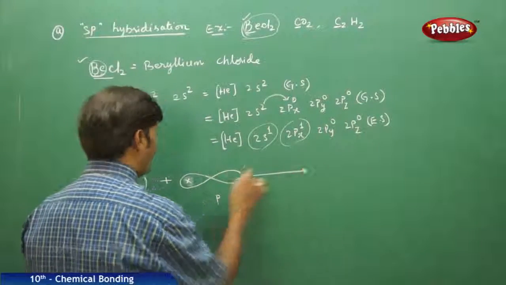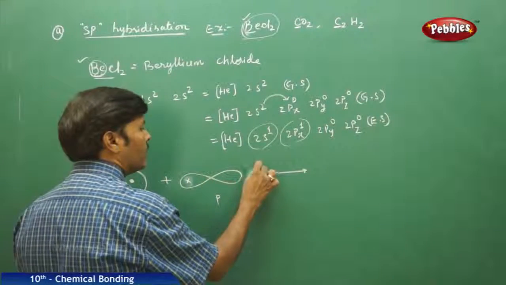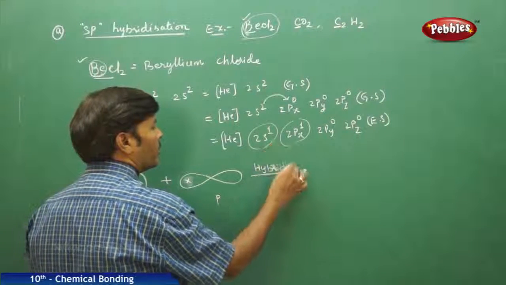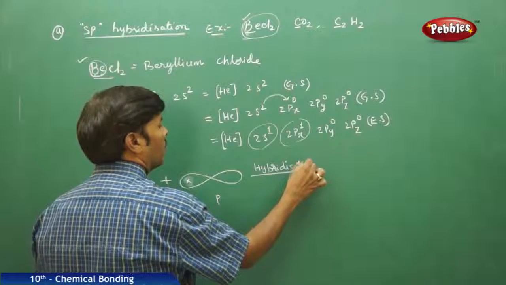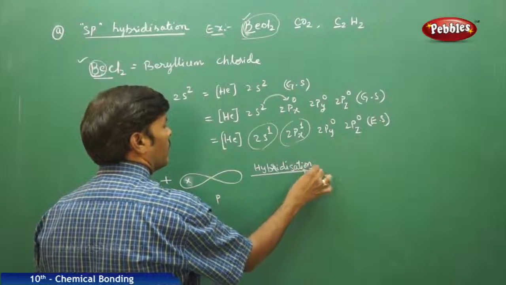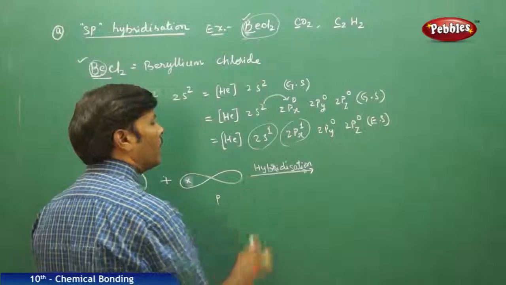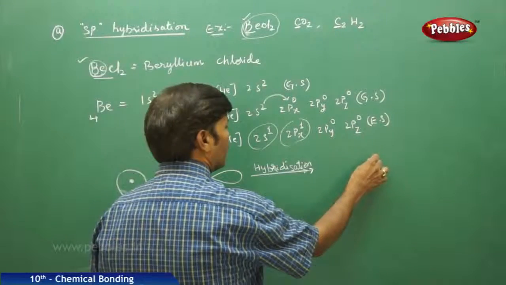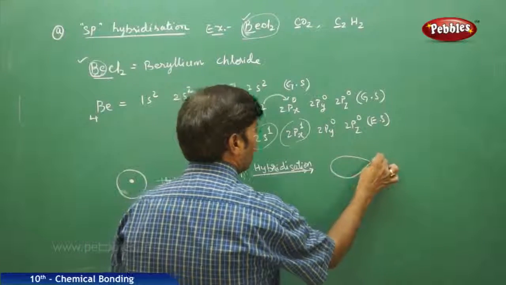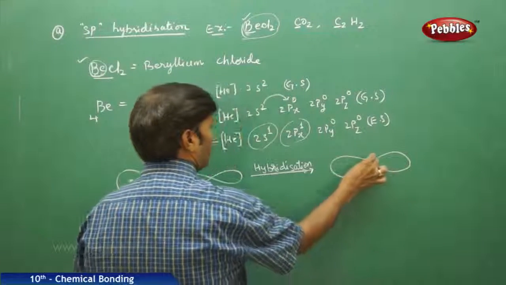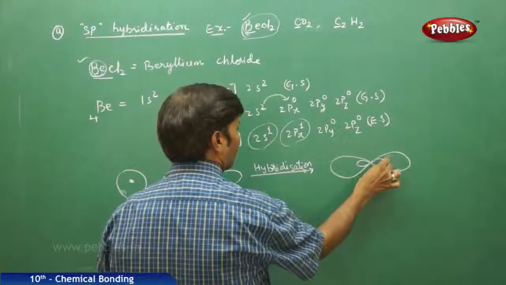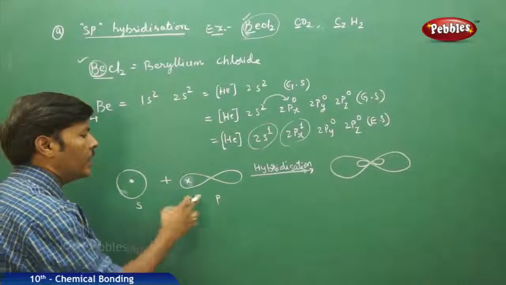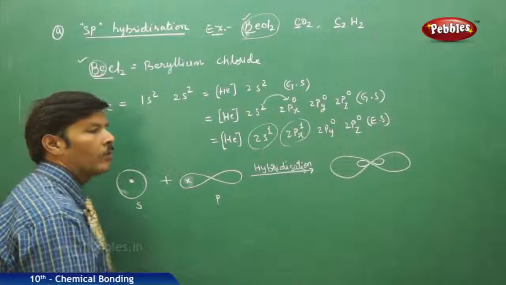So both these pure atomic orbitals participate in hybridization, and they result in two hybrid orbitals, through the mixing of the pure s atomic orbital of beryllium and the pure p atomic orbital of beryllium.